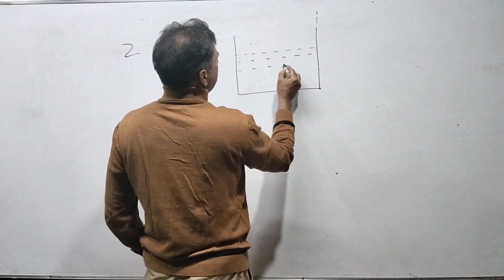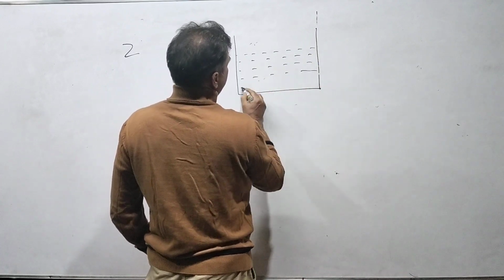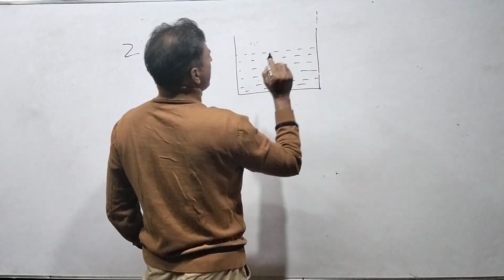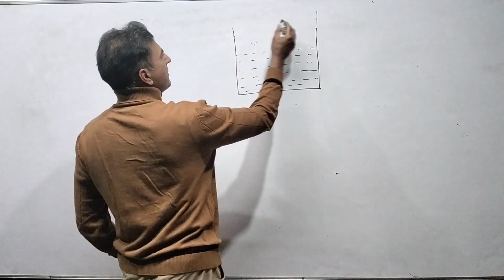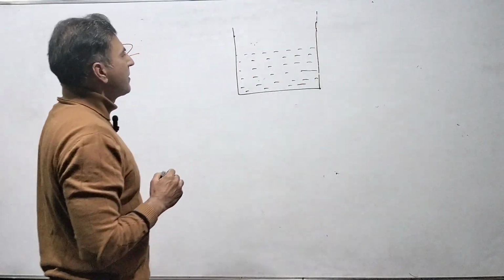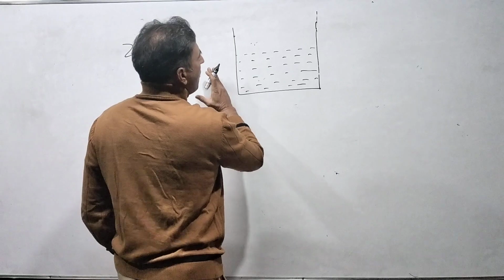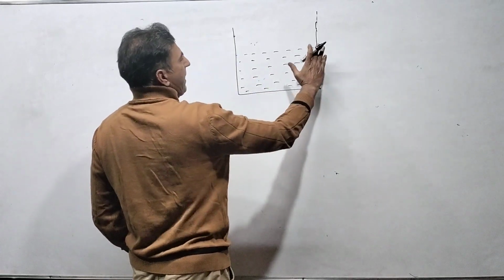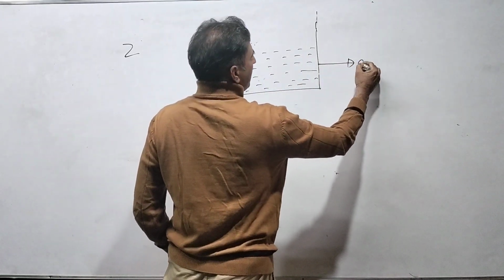Water level is like this. Okay, this is the water level up to which it's filled. Now let this water tank or container start accelerating with a0.